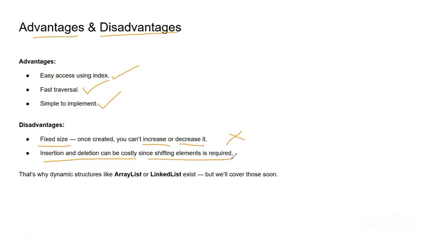So we can insert a new element at a specific position, and delete an element as well. But again, that varies upon the size. So this we will discuss in detail in the coming videos, how costly that particular operation is going to be, because it will create a new array and then shift all those elements. In the coming videos, we shall dive deeper into these aspects. But for now, the advantages are these, and the disadvantage is that it has fixed size. You can neither shrink it nor expand it.